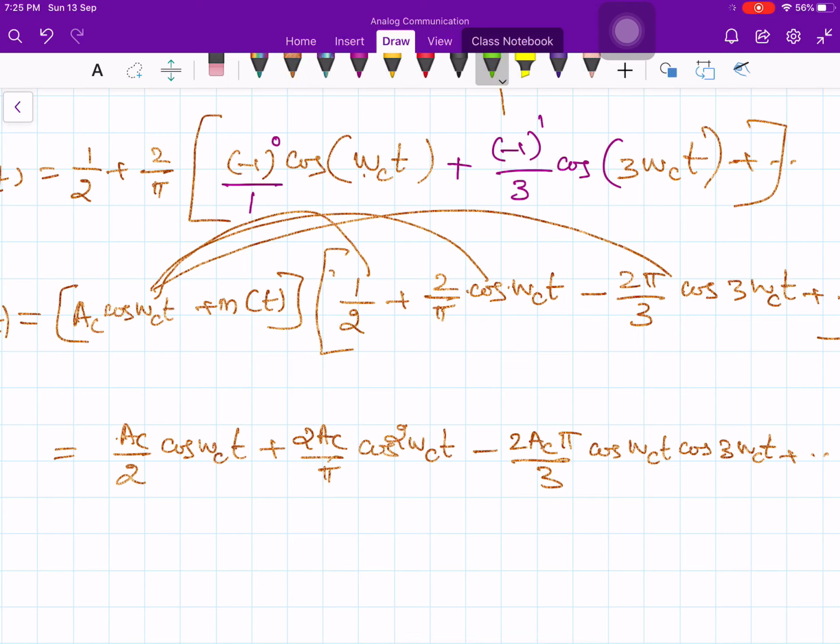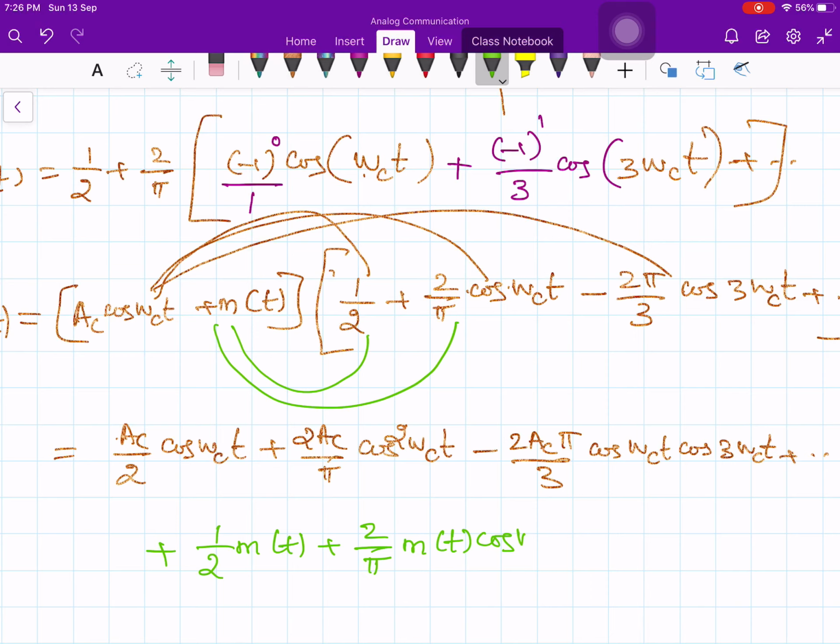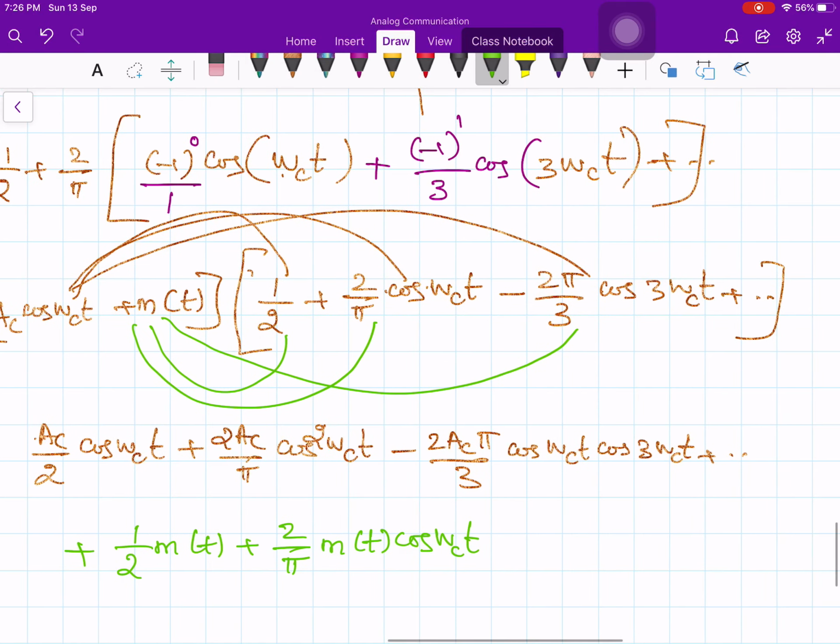Now let us multiply m(t) with this one: 1 by 2 m(t), then m(t) with this term, 2 by pi m(t) cos of omega_c t, then m(t) with this one, minus 2 times m(t) divided by 3 pi cos of 3 omega_c t, plus dot dot dot.